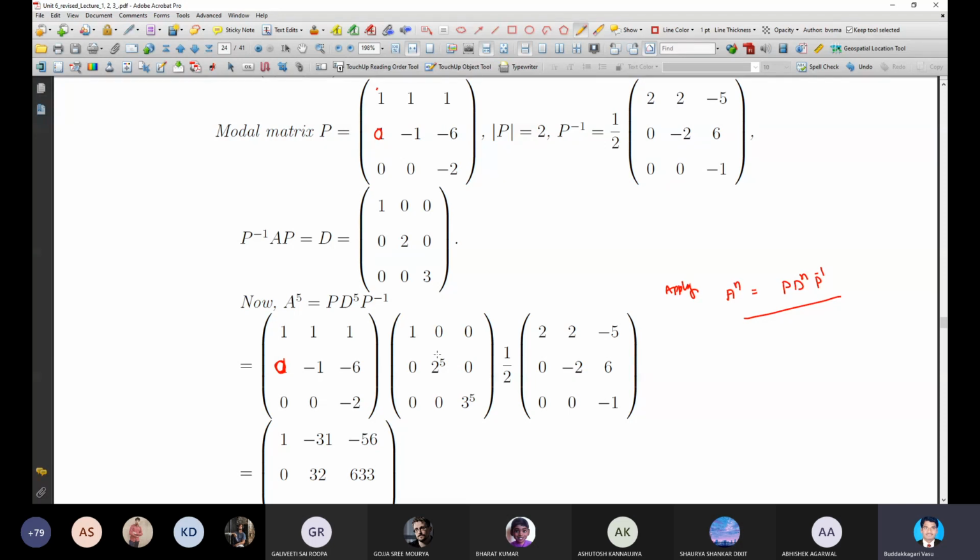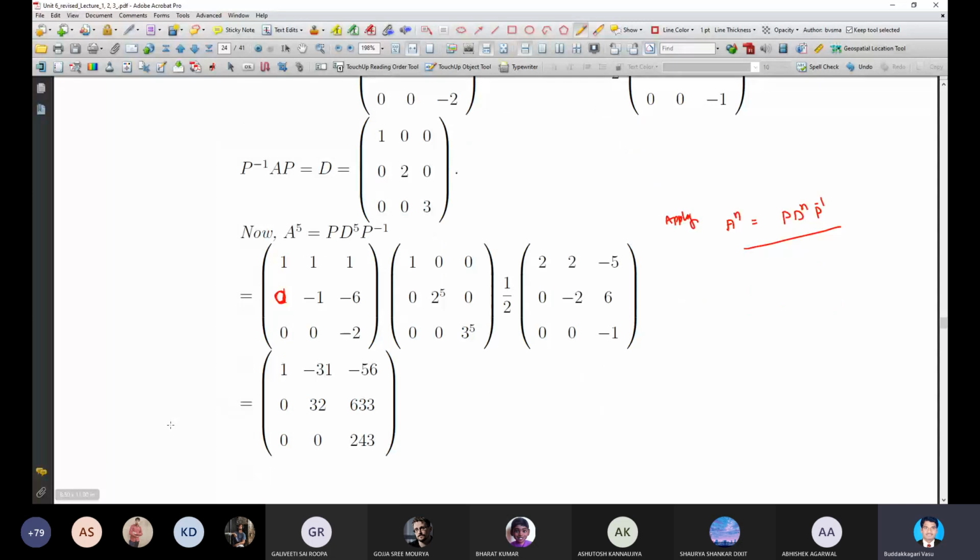D is this one, and D power 5 is only their principal diagonal elements raised to power 5. So therefore 1 0 0, 0 2 power 5 0, 0 0 3 power 5, and then P inverse is this much. If you multiply this, this is the required A power 5.